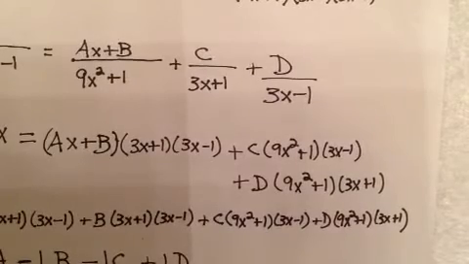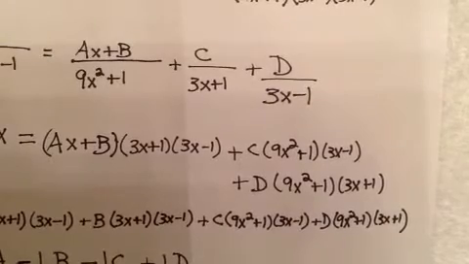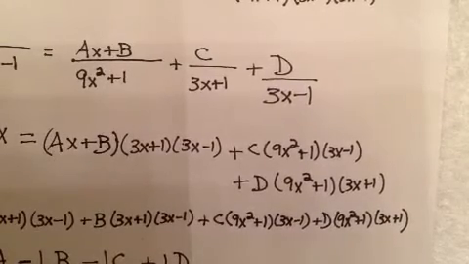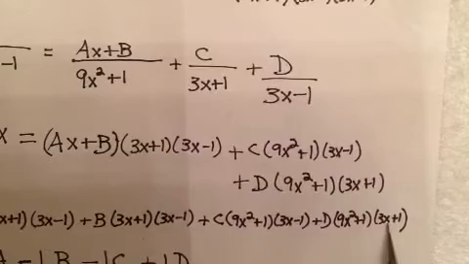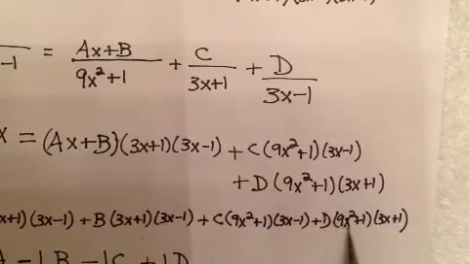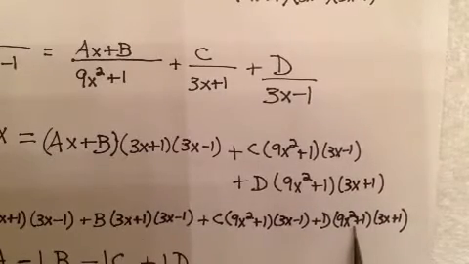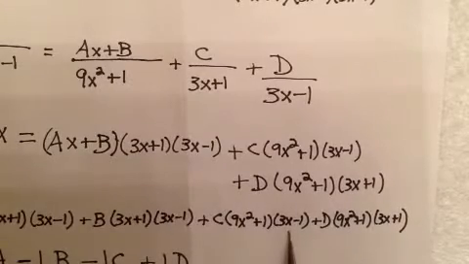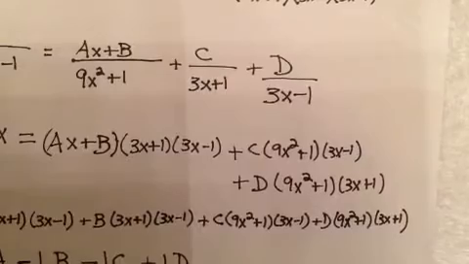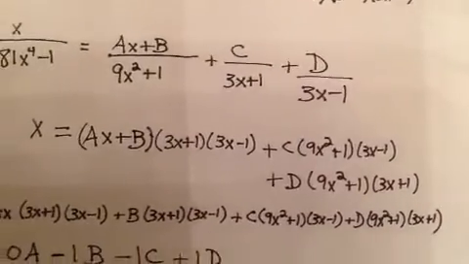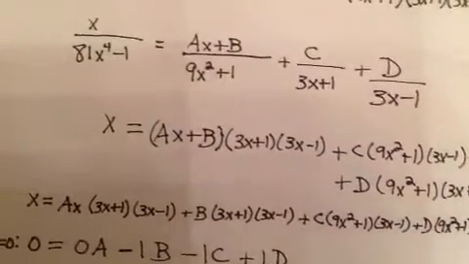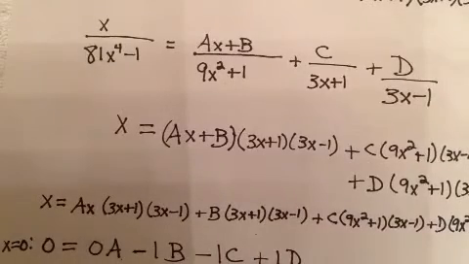Now we have three distinct factors in x from which we can attain real zeros. In the group, we have 3x plus 1. No real zeros will result from 9x squared plus 1. But we do have a zero that can be attained from 3x minus 1, as well as from the variable x alongside a.